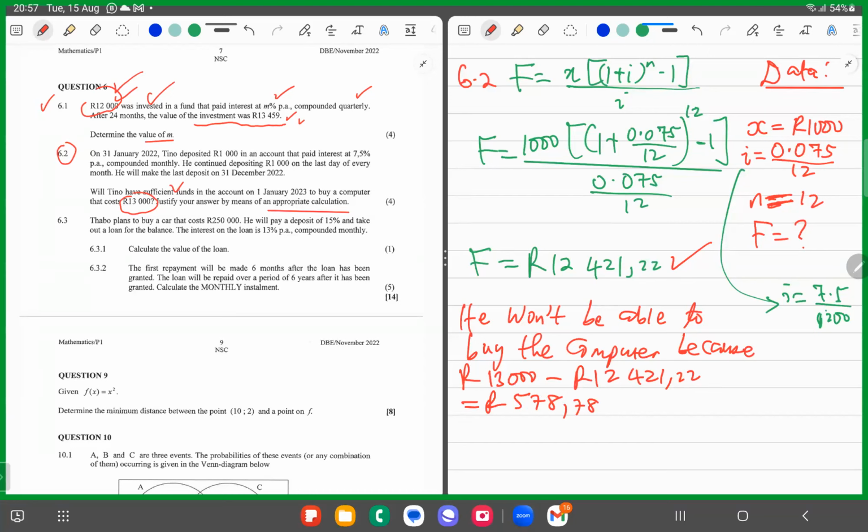So he won't be able to buy the computer because he's not going to have enough money. He's just going to have 12,421 instead of 13,000, so he has less than the amount required.